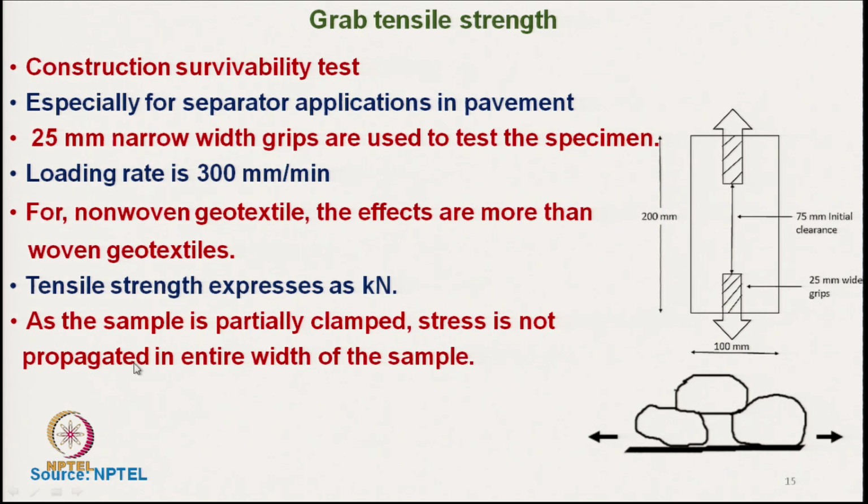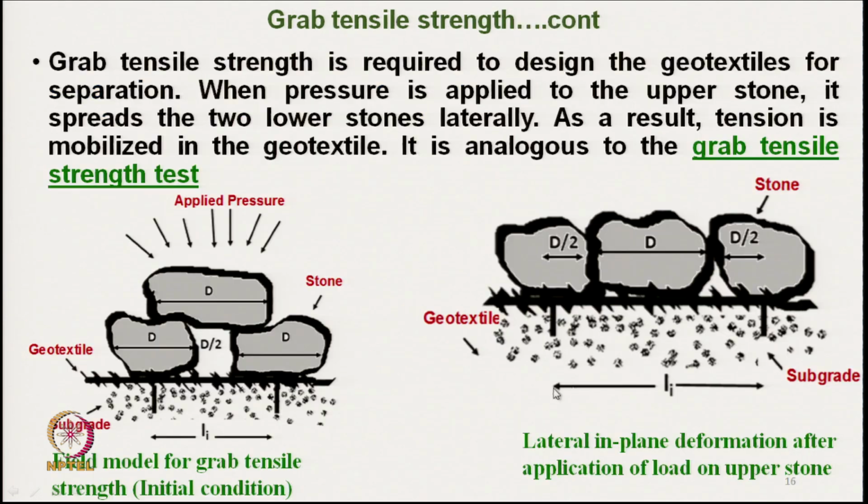As the sample is partially clamped, the stress is not propagated in the entire specimen, which is actually simulating the actual condition. So, this is the diagram, these are the diagrams. The grab tensile strength is required to design the geotextile for separation application.